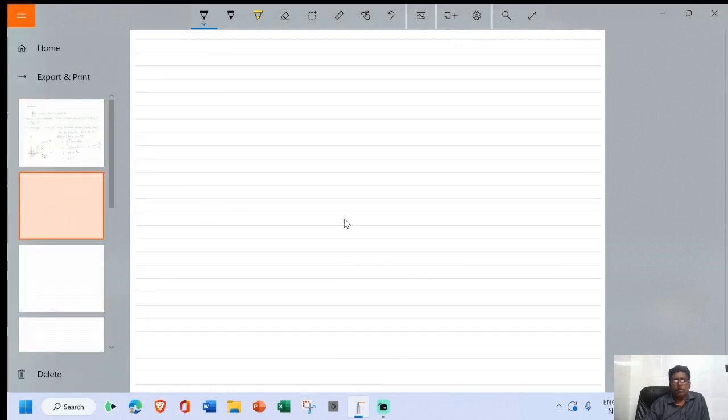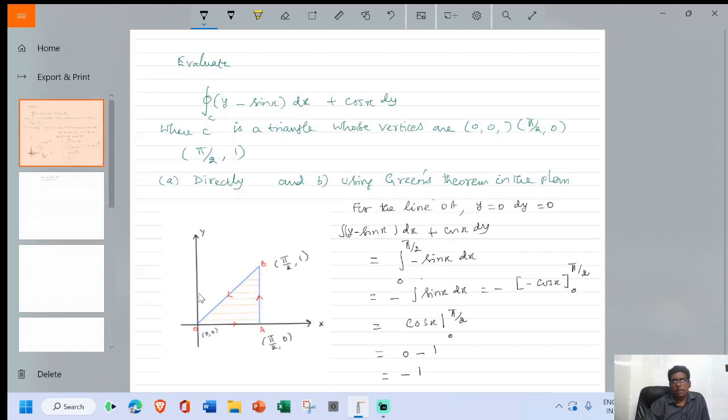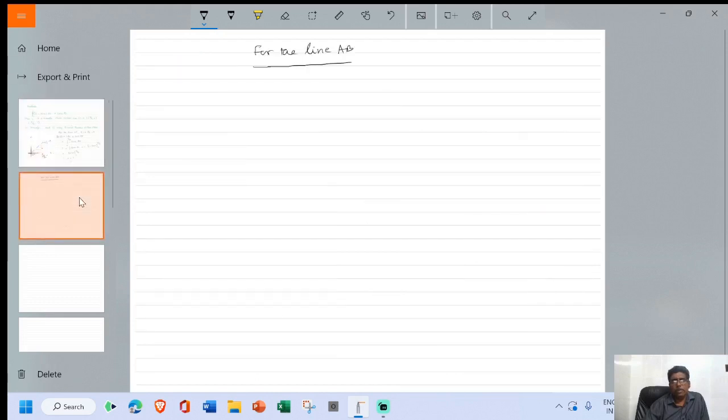Now for the line AB. Along the line AB, the value of x is constant, x equal to π/2, fixed.